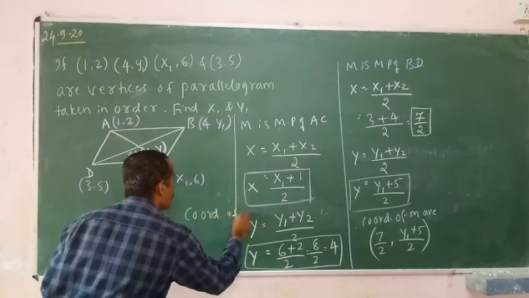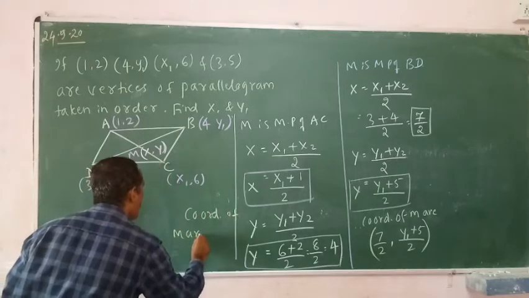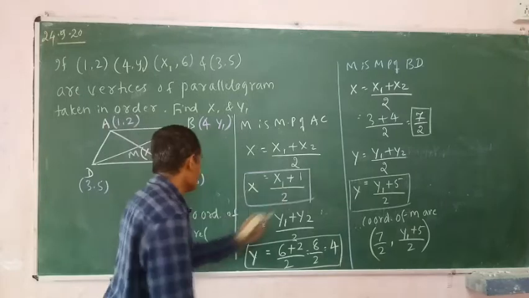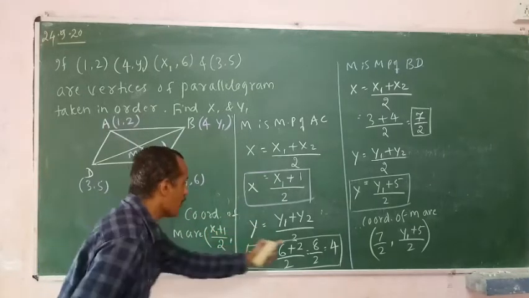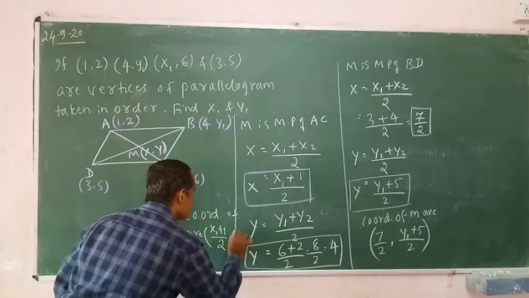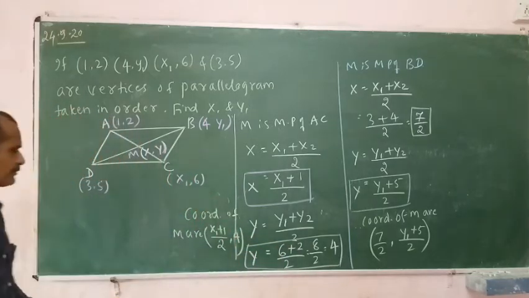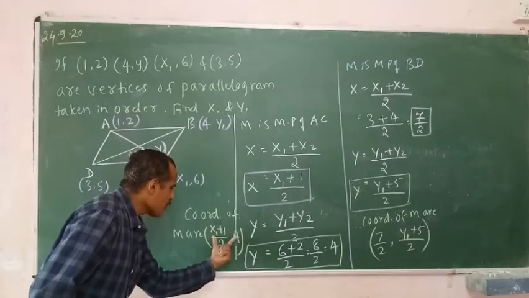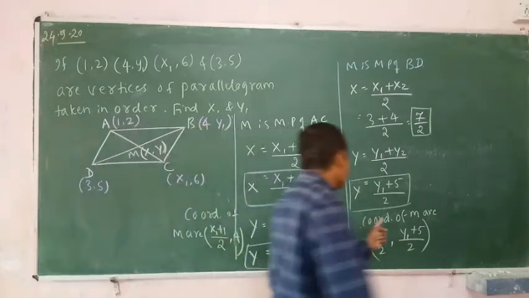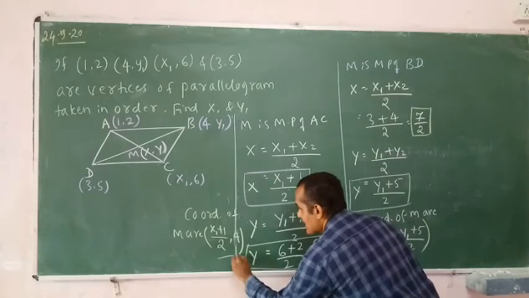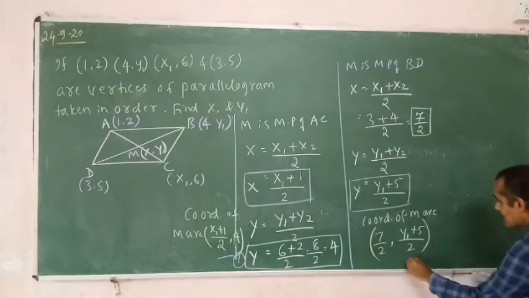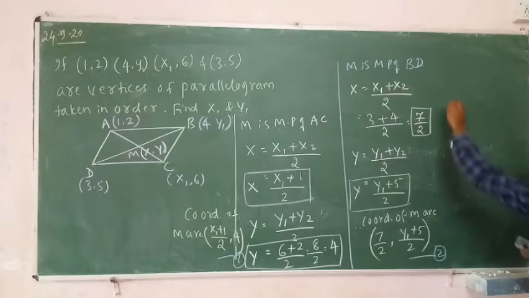Coordinates of point M are also, here we have found one value, (x1 + 1)/2, comma, it is how much? 4. See, these are also coordinates of point M. Let me call this equation 1 and this equation 2.